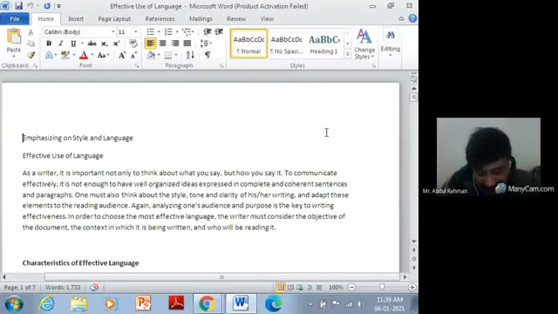And when you sit to write something, you need to keep in mind the objective or the purpose for which you are writing, and possibly who will be your readers. So considering their need and using that type of language is the most important thing in any kind of writing, either technical writing or academic writing.